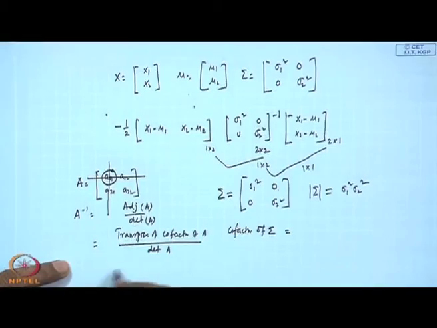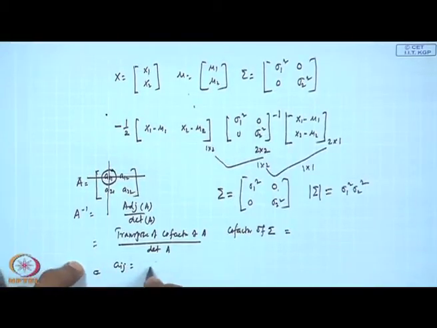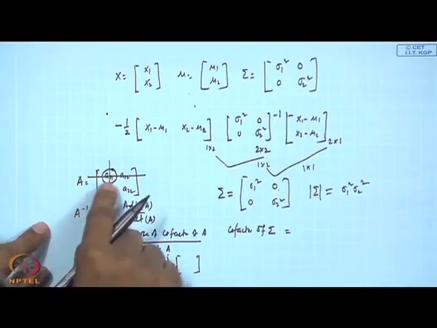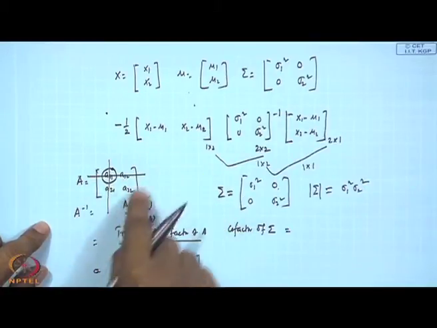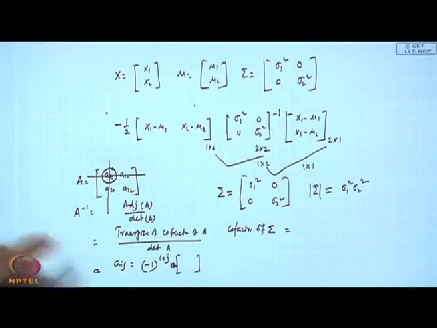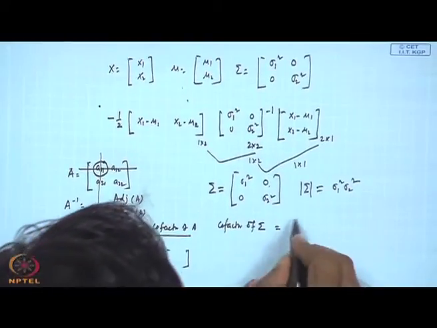So for A i j the cofactor will be minus 1 to the power i plus j times the remaining part of the matrix. As we have taken a 2 by 2, one row and one column crossed means only one item will be left. So our case is easier.